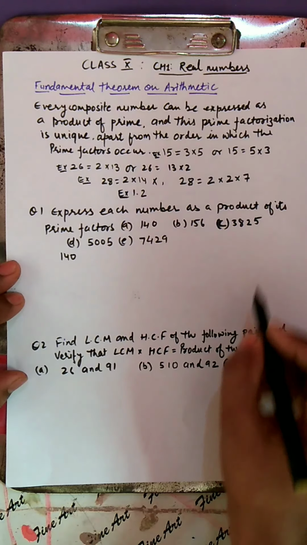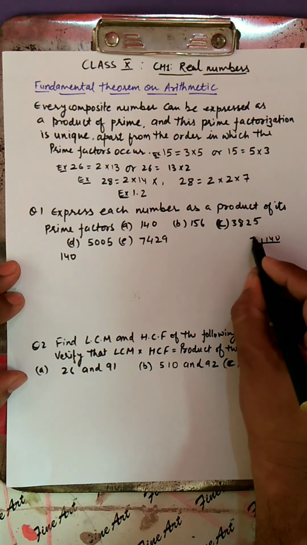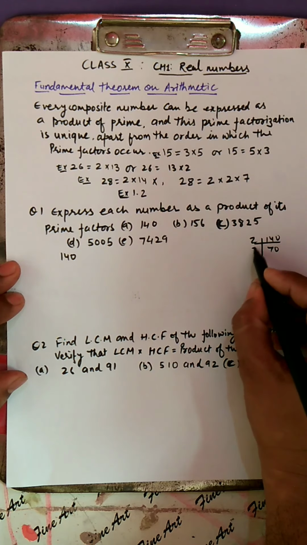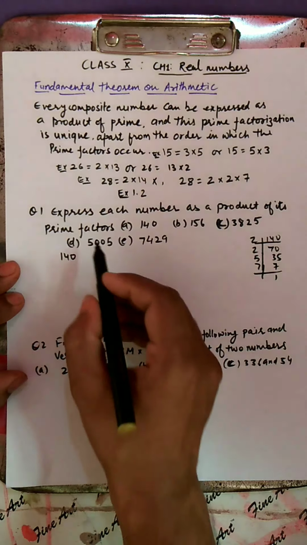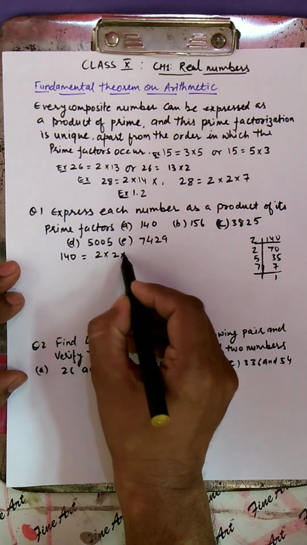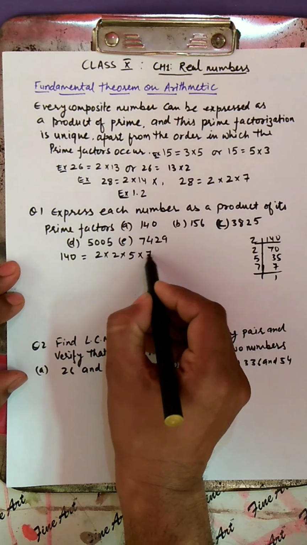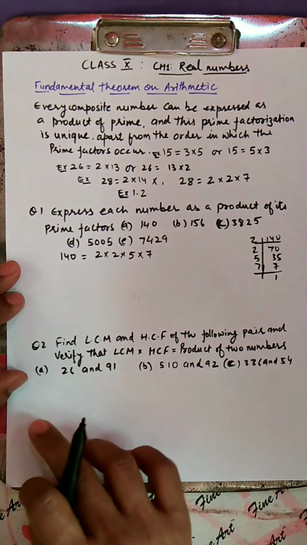For 140, divide by 2 to get 70, then 2 to get 35, then 5 to get 7, then 7 to get 1. So 140 can be written as 2 into 2 into 5 into 7. This is the prime factorization of 140.